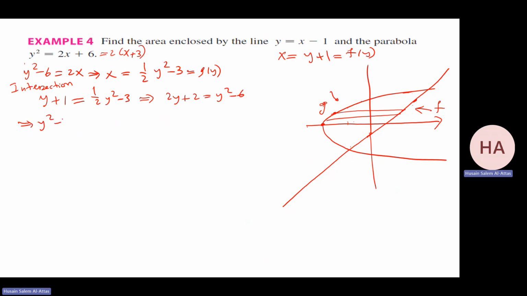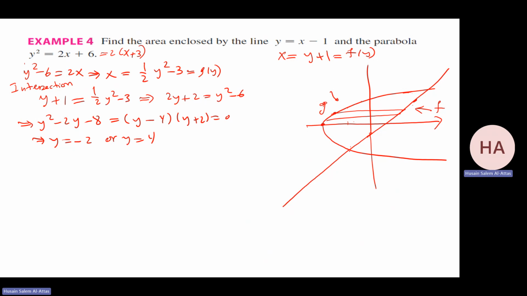So I have y squared minus 2y minus 8, which is y minus 4 times y plus 2 equals 0. So I have y equal minus 2 and y equal 4.